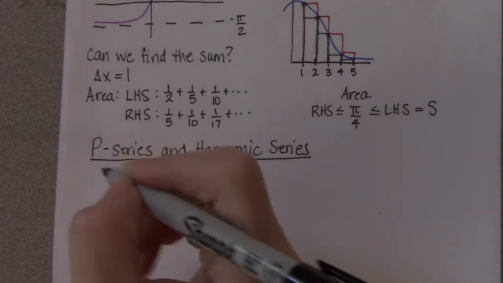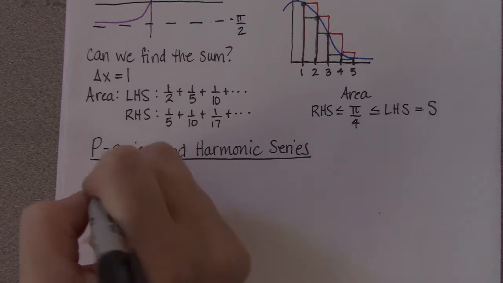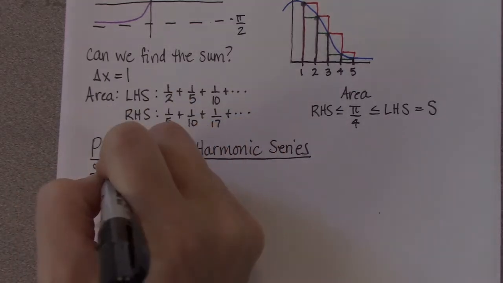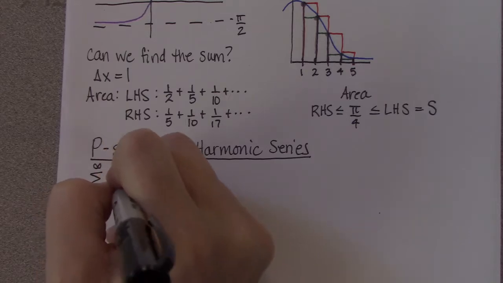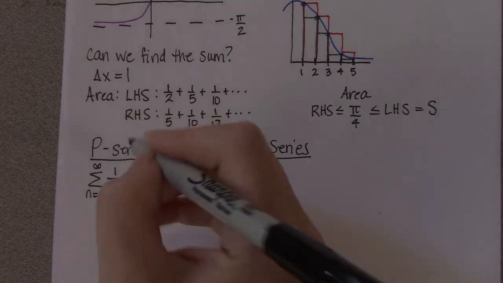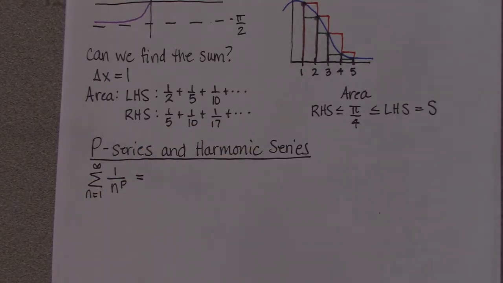A p series has the form of the sum from 1 to infinity of 1 over n raised to the p. P is a constant number, okay? N is the variable, so it'll be like p squared, p cubed. So if you expand this series out, n is the variable that changes, p stays the same.